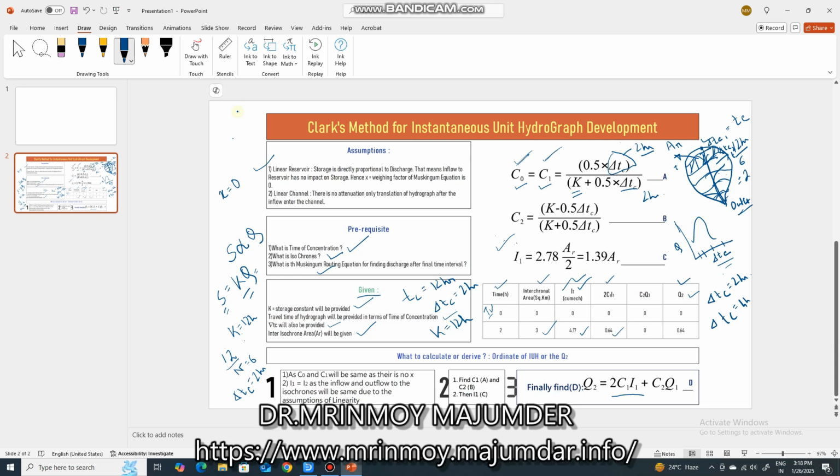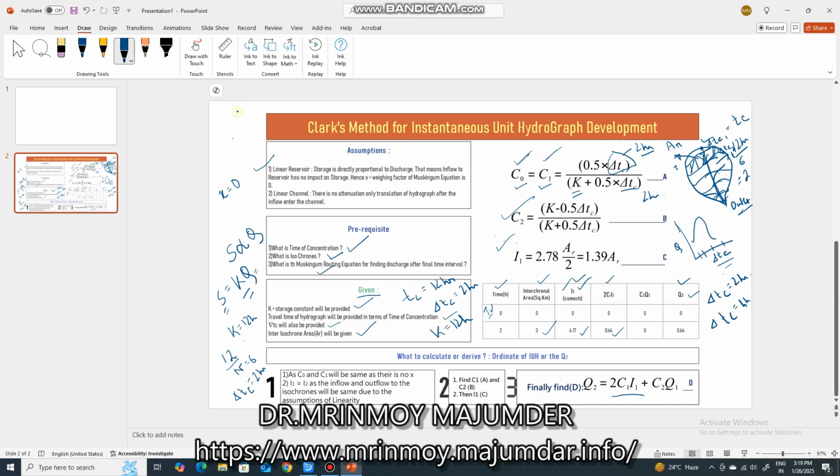Next is C2Q1. What is C2? Calculate with this: K minus 0.5 delta Tc over K plus 0.5 delta Tc, that is C2. Remember this delta Tc will always be 2 hours for this problem, and K will be 12 hours. So C2 is calculated.